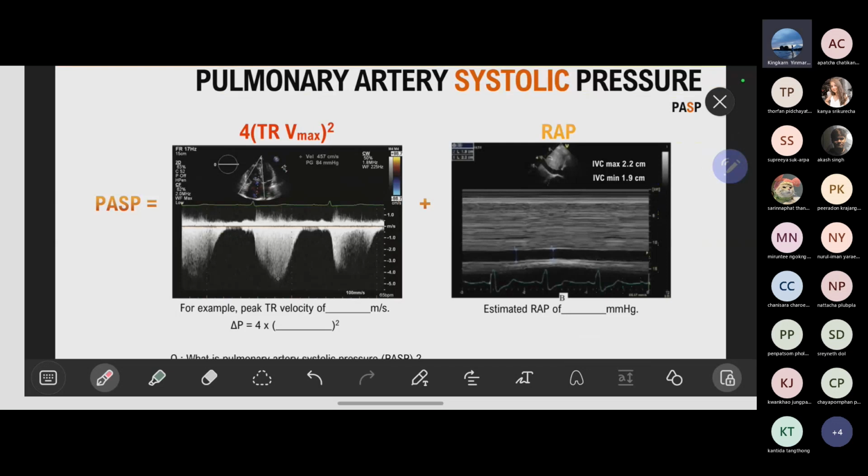To assess PASP, firstly we have to measure the TR maximum velocity from an acoustic window, for example, the four chamber view, parasternal short axis at aortic valve level, modified four chamber view, or subcostal window, and then use the highest one to calculate PASP. Second, you have to estimate right atrial pressure.